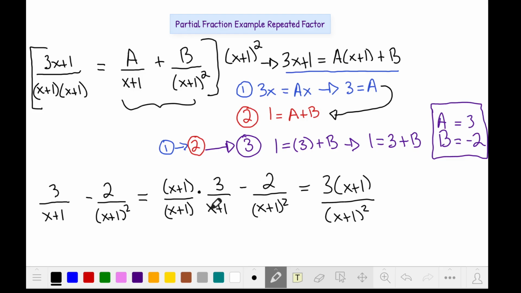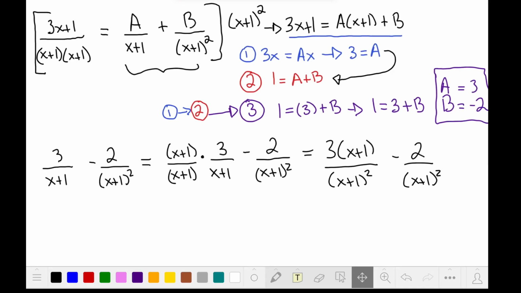So the first fraction just looks like this, and then the second fraction is already the way we want it. Hooray!